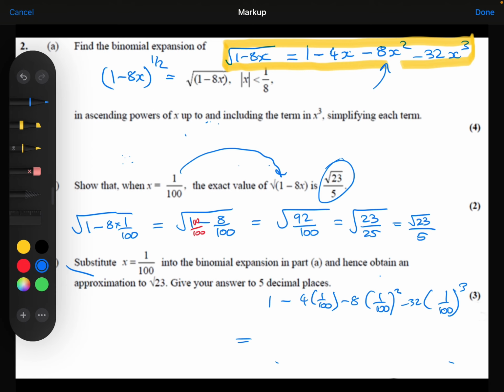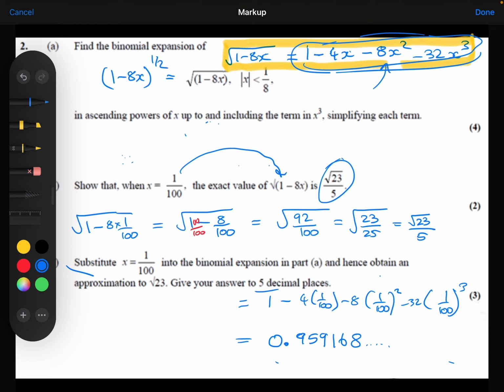So if we substitute that in, we get 0.959168. I know it says 5 decimal places here, but I'm writing 6 down because I'm not finished. Because this is not an approximation for root 23. All I've done so far is substitute 1 over 100 into the expansion.